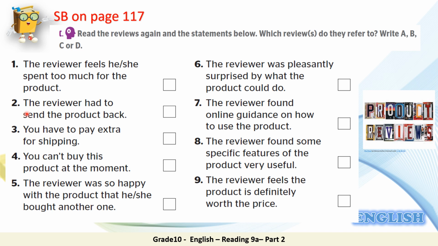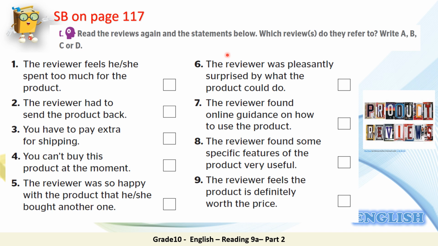He was dissatisfied and sent it back. Statement number 3. You have to pay extra money for the shipping. Number 4. You can't buy this product at the moment. Number 5. The reviewer was so happy with the product that he or she bought another one. Remember, which reviewer wanted to buy the product for the second time because he was so satisfied?